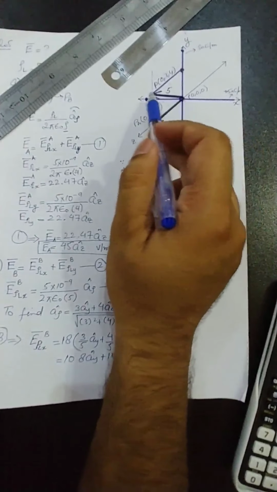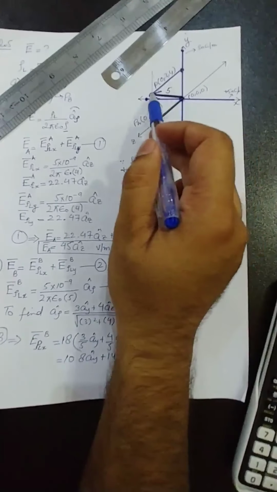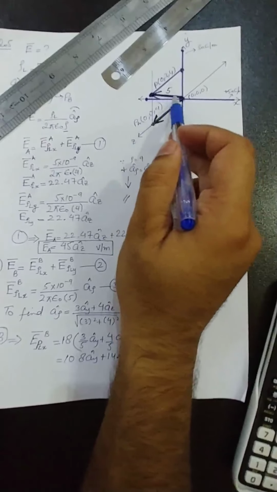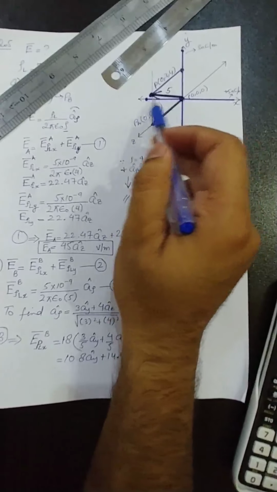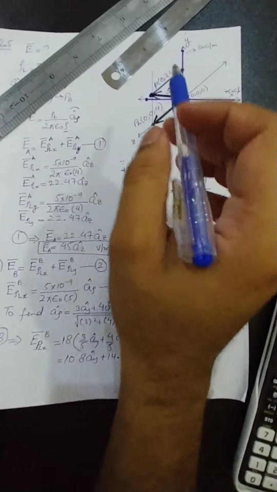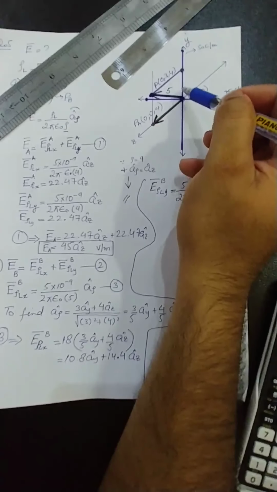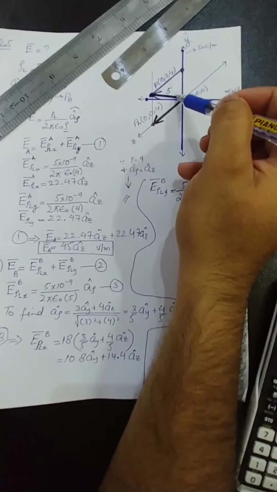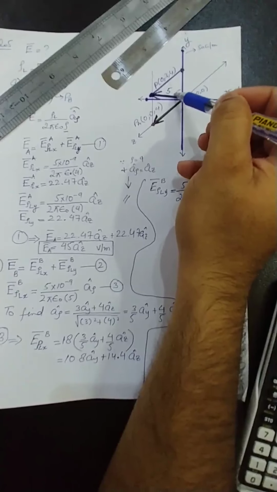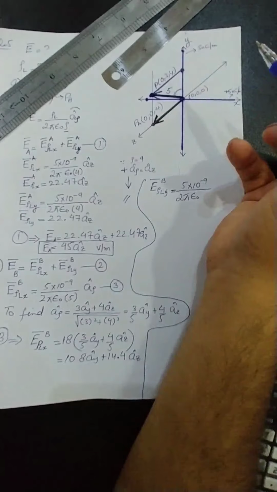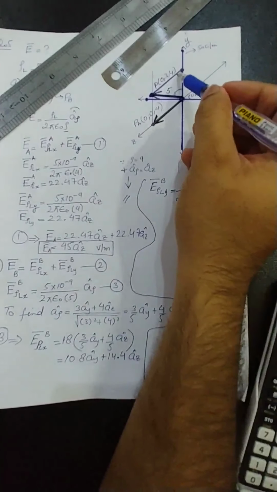This line is definitely on the x equals 0 plane, so it is perpendicular to the x-axis, but this line is making an angle with respect to the y-axis which is not 90. That's why we adopted the Pythagorean theorem.